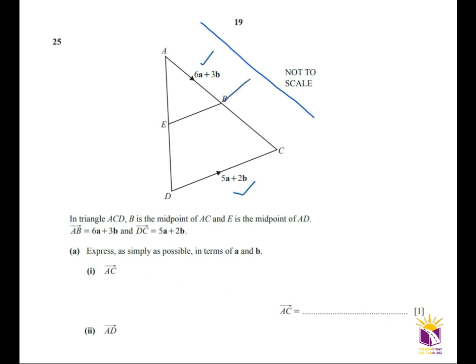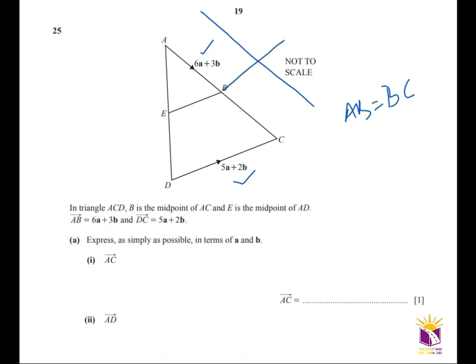As B is the midpoint, AB is equal to BC. So BC is equal to 6a plus 3b, because AB is equal to BC.